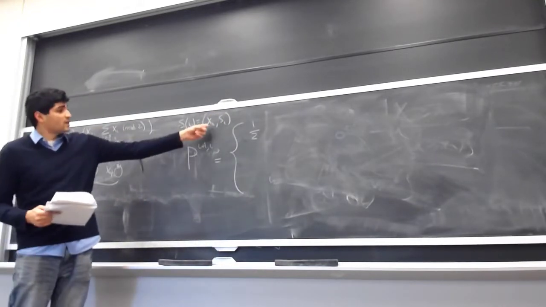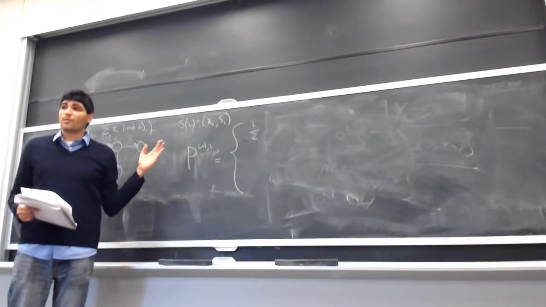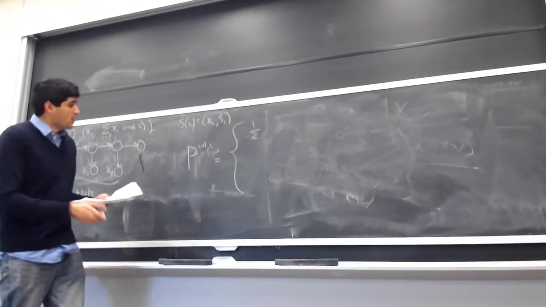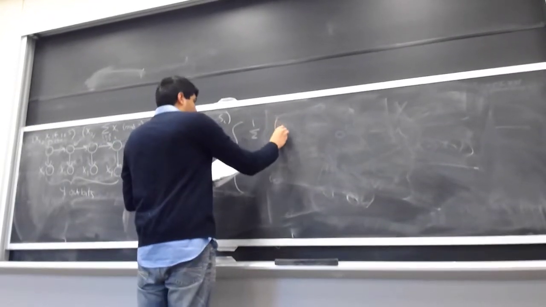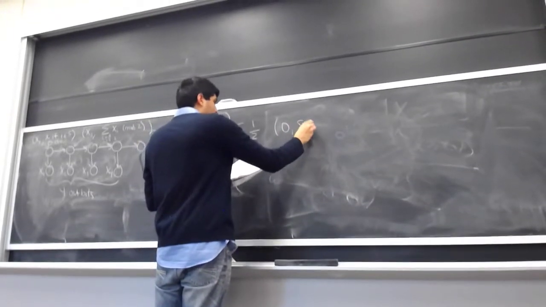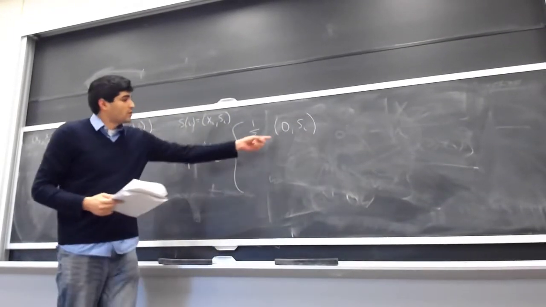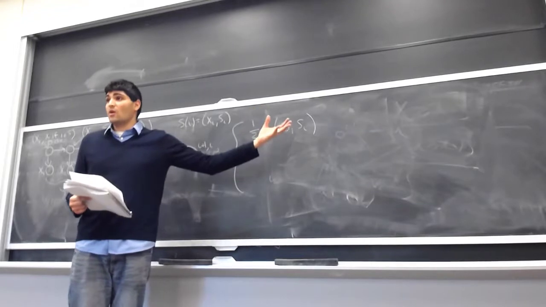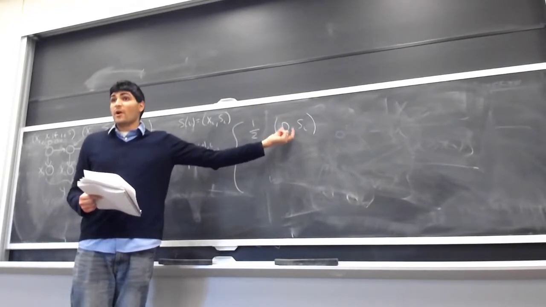So this is the ith bit that we've generated, and this is our running parity up to the ith bit. With probability 1/2, we're going to choose that the next bit is 0, in which case we don't update our parity no matter what.